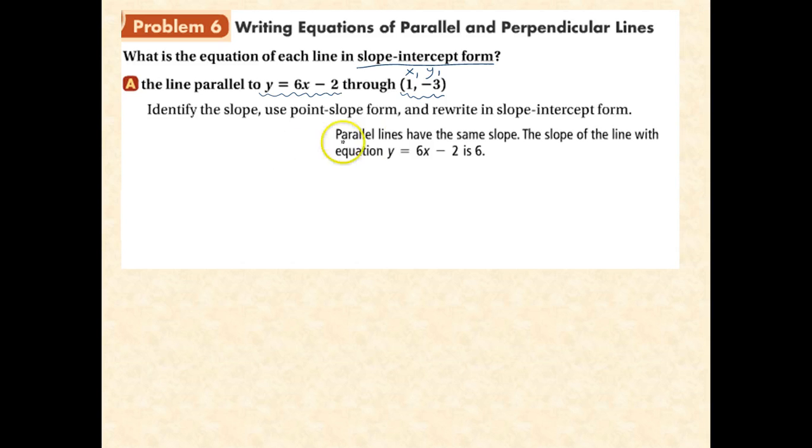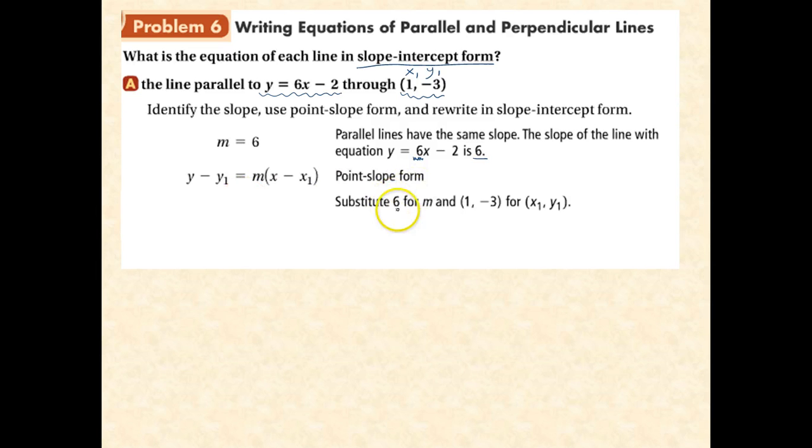So, identify the slope. The slope is 6, right? This is in slope-intercept form, so the number in front of x is going to be the slope. Parallel lines have the same slope, so the slope of our line is going to be 6. And we have this point, x1, y1 is 1, -3, so we just need to plug into point slope form.